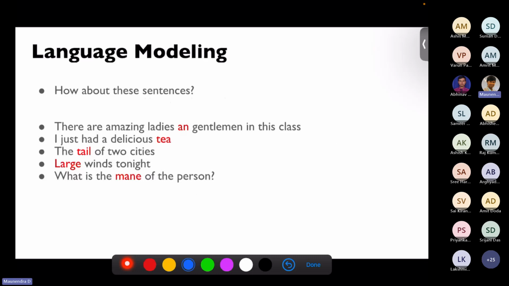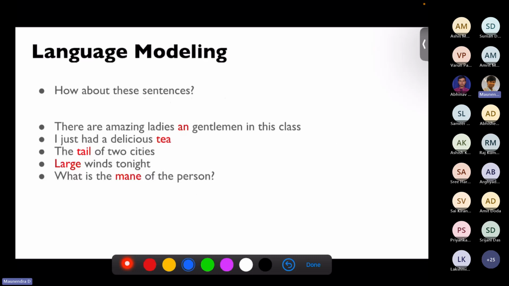There are amazing ladies and gentlemen in the class. I just had a delicious tea. The tale of two cities, large winds tonight. What's the name of this person? All these sentences should possibly get lesser probability from a language modeling perspective.